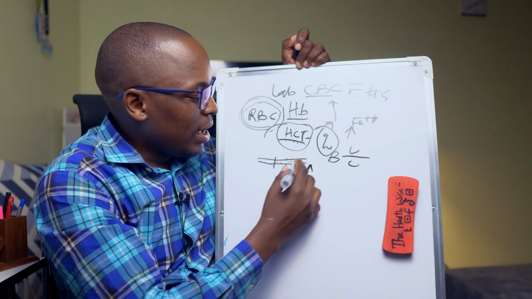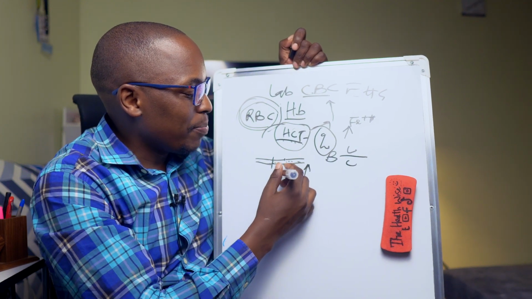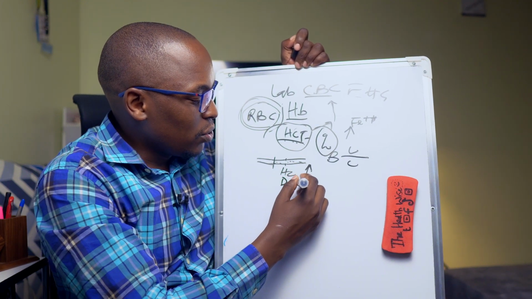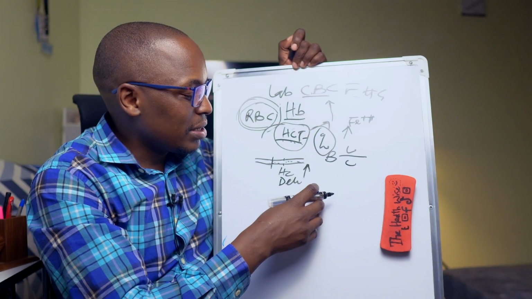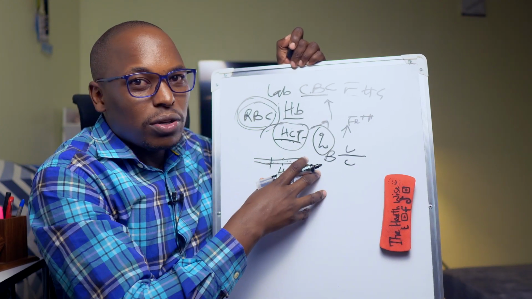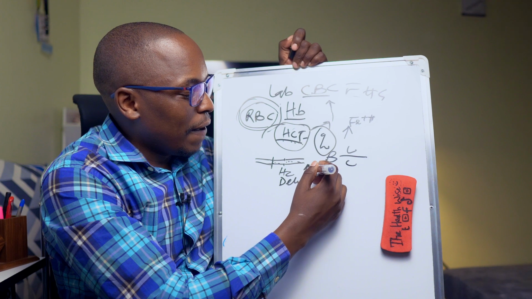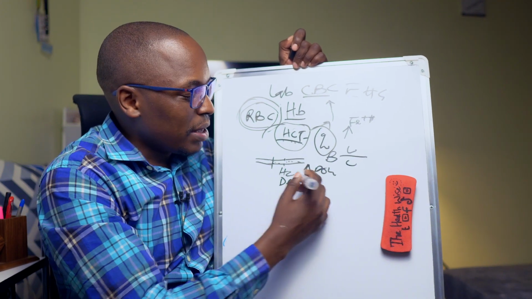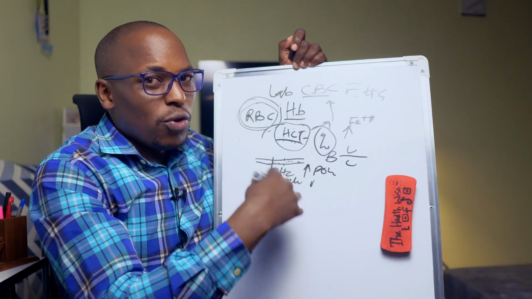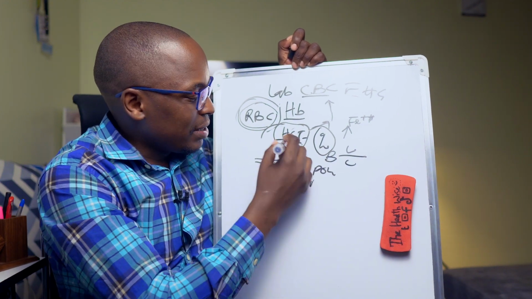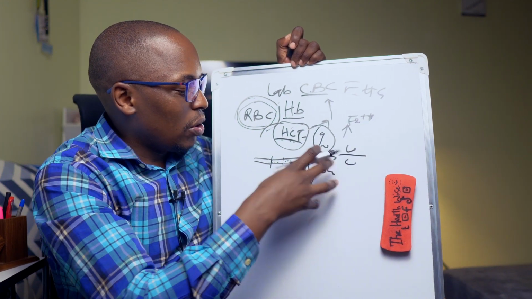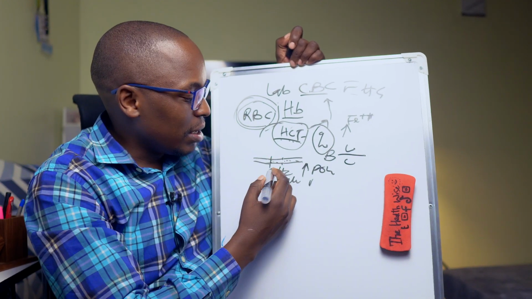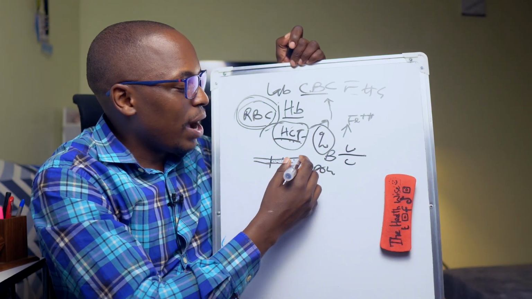When it is high, it means that either you are dehydrated, you don't have as much water in your system as required, or you have conditions like polycythemia, like we said. You can also even be having something like leukemia. So you have overproduction of the cells, and they are all piling up in your system, meaning that the ratio is going to go high.